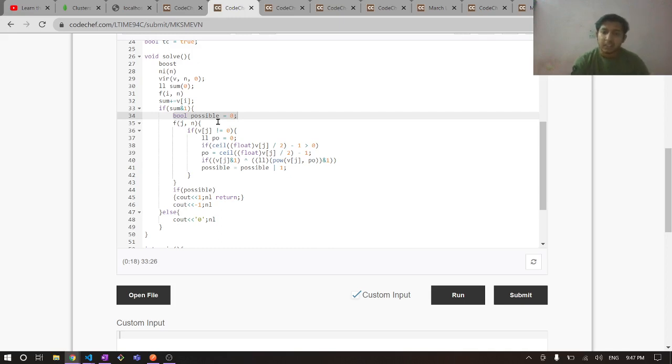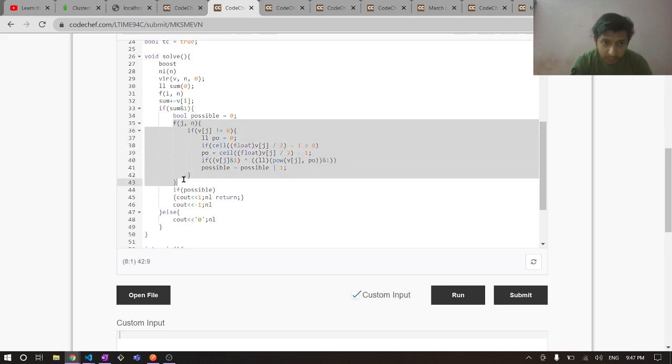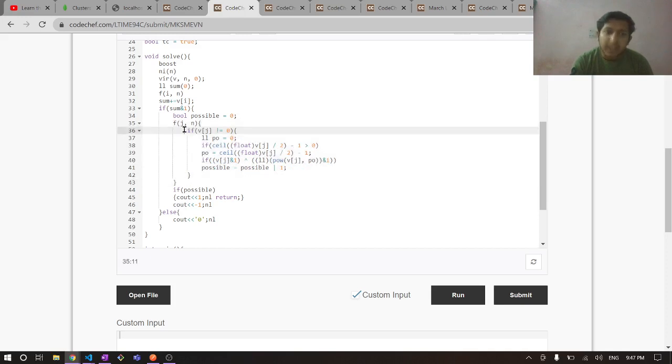Okay, I understand that if the solution is possible, then only one number will be altered or only one operation will be performed for sure. So solution is not possible initially, it's taking a boolean and going through the entire possible values, okay, j, that is from 0 to n, and if that vector is not 0, okay, if some vector is 0, then taking its power doesn't make sense.